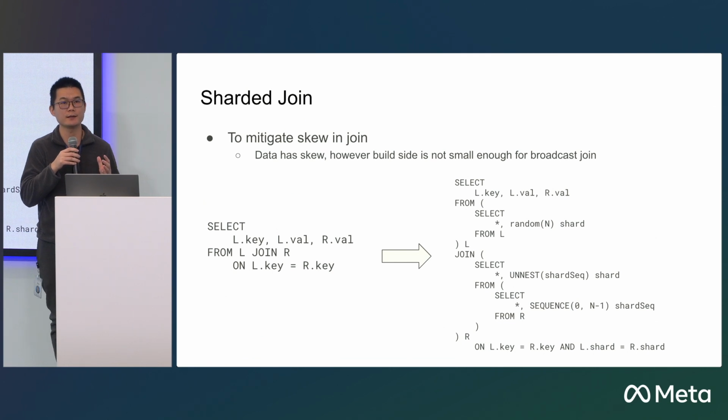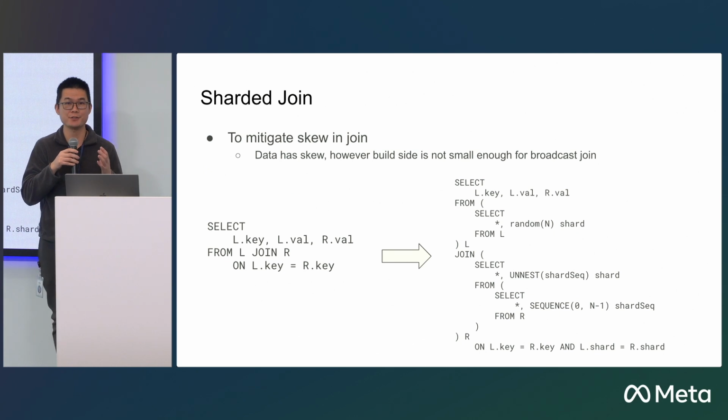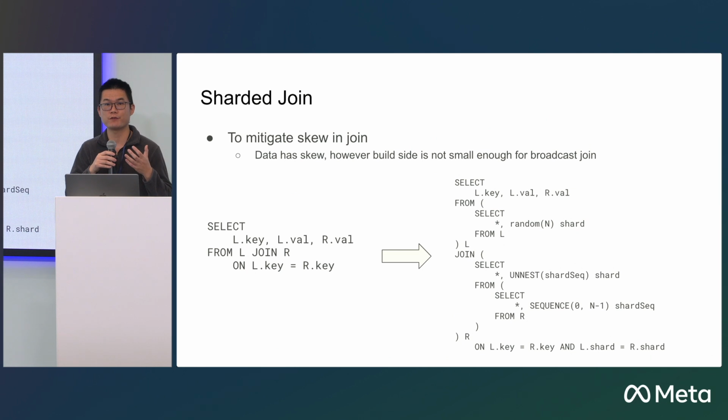This is the equivalent query rewrite for this optimization. Instead of joining left and right directly, on the left side we attach one random number between 0 and n-1, which we call a shard. This is where the sharded join name comes from. On the right side, we first attach a sequence from 0 to n-1, then we unnest this sequence as a shard.